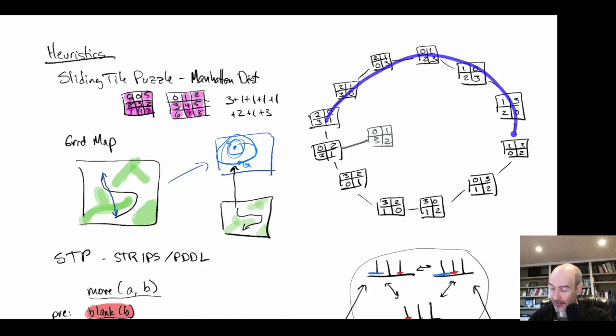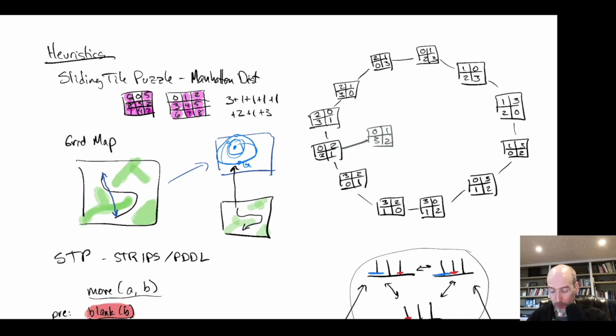If I look at all the states that are reachable in the state space, what I see is there are states that are unreachable, like this one. I don't have this written down anywhere here. And this comes from the fact that in the sliding tile puzzle, if you only have one blank and some other conditions, there's always two sets of states that are unreachable from each other.